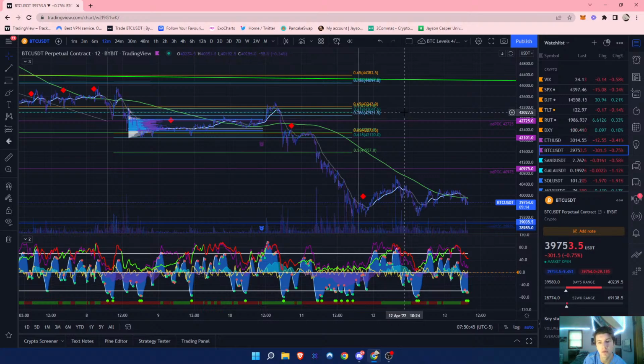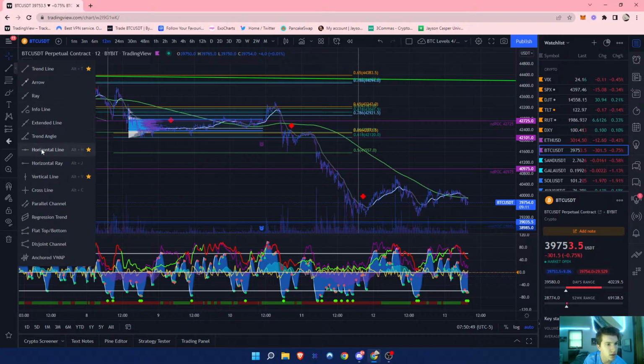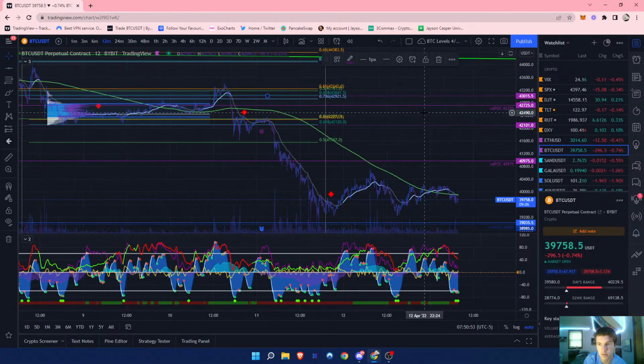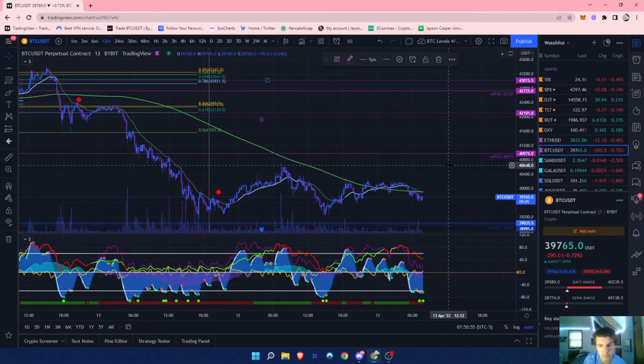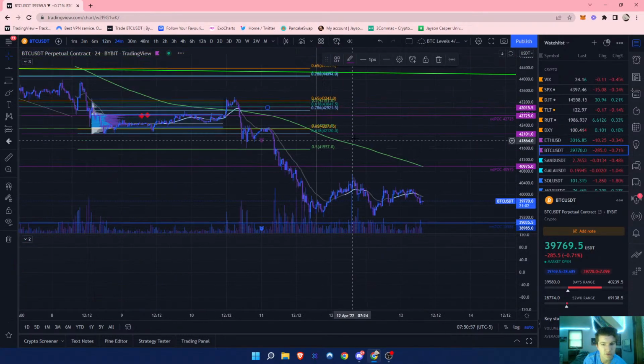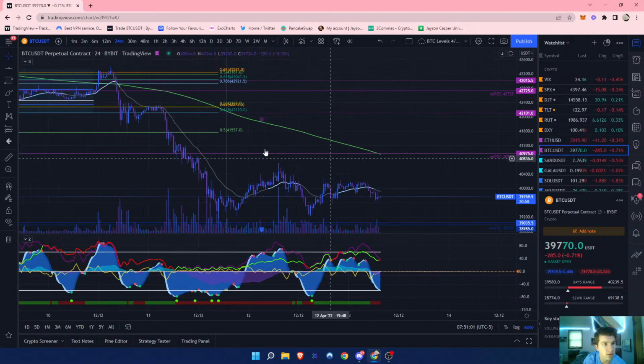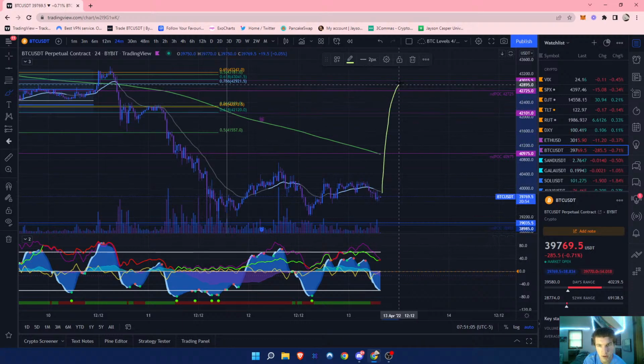Another one is up here around 43K. I'm going to add a horizontal line just before that. This too, I'm looking at a 24-minute bearish divergence. So we'll have price coming up towards that level, getting rejection off of it like so.